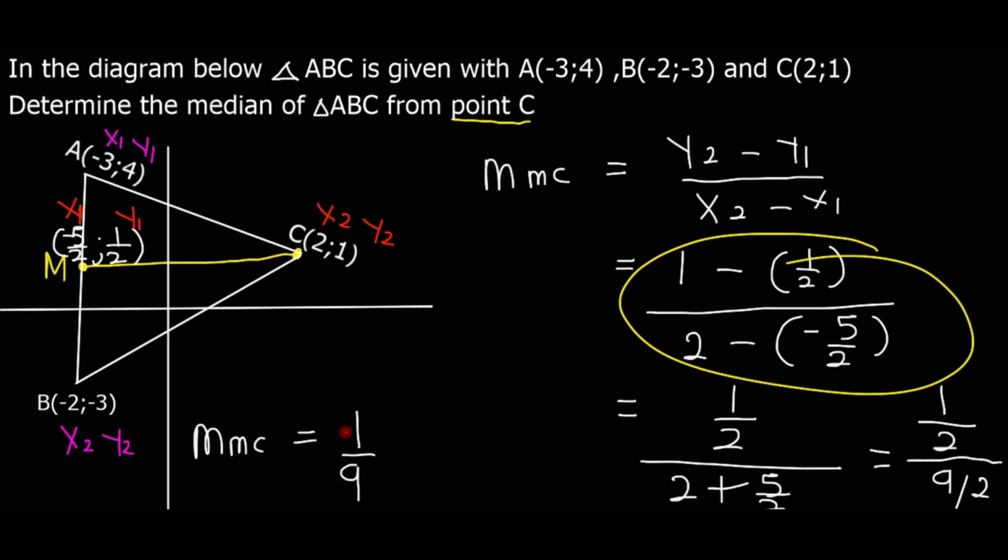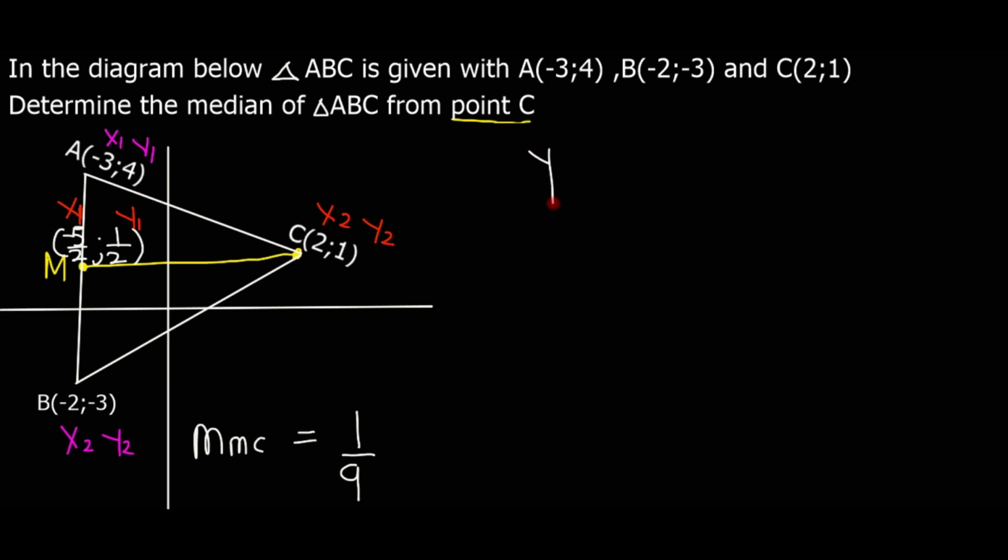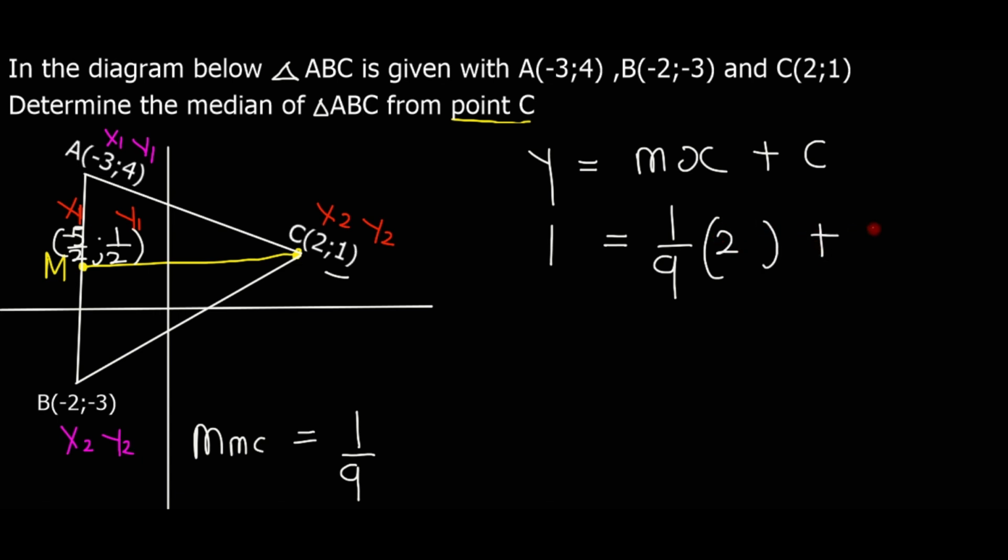So now, because we have the gradient, we can easily find the equation. y is equals to mx plus c, and then I choose the coordinates, because we have point C and point M, so it's all up to you which one to choose. I choose point C, and then from there this is my y, and the gradient is 1 over 9, and then the x is 2, and then plus c.